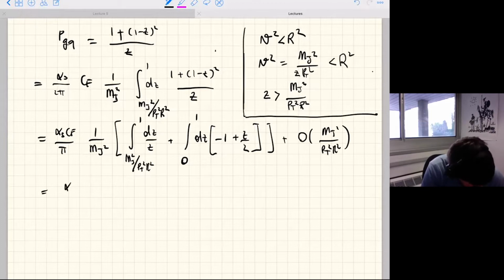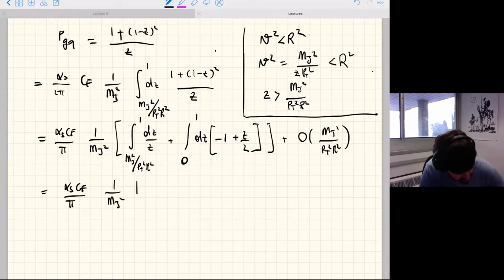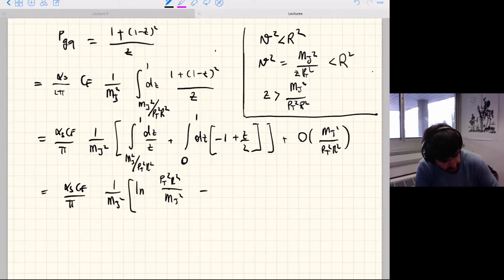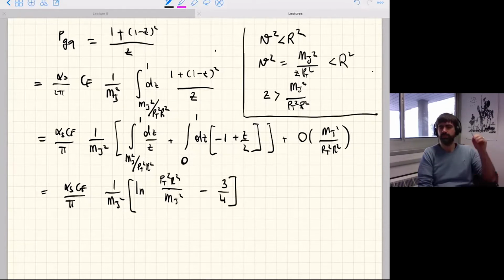And so I do this integral now. The first term is a logarithmic contribution, so it gives me the log of p_T R square over m_j square. And then I have a constant, and if you do this integral, you get the numbers we already encountered.